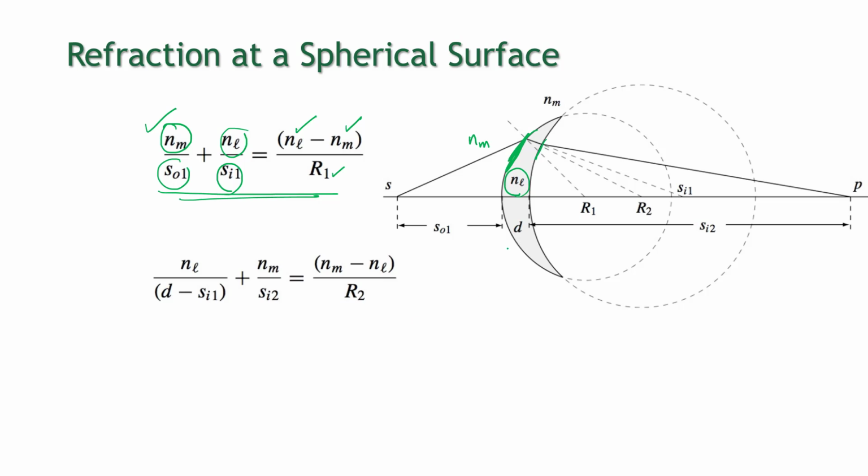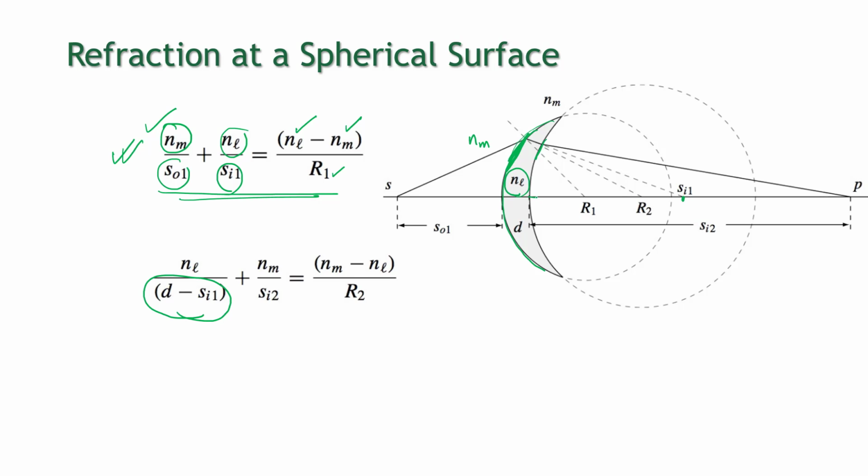But for the second surface, the image formed by this one would now be the object for the second surface. So this is the distance at which the image is formed. If you just consider this surface, it will form the image at this point.